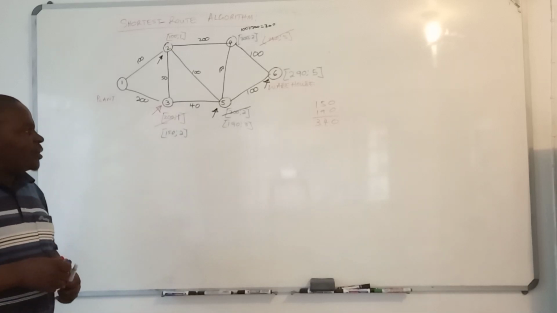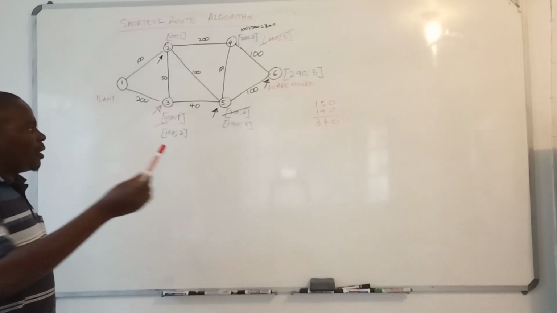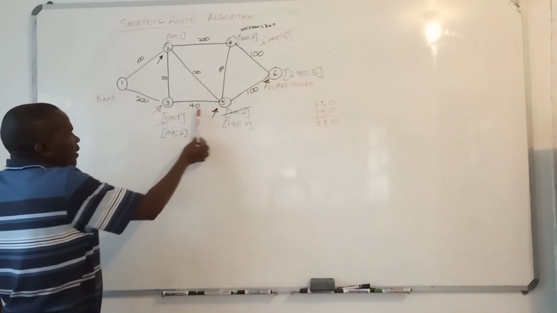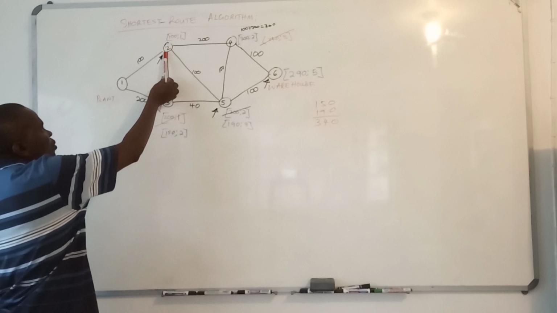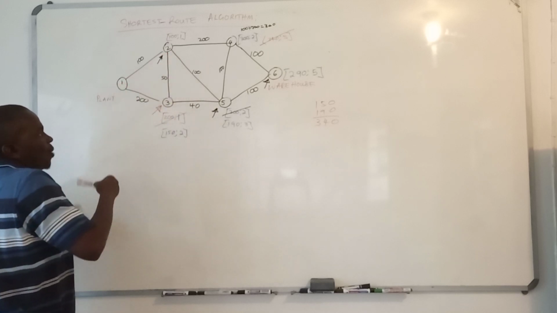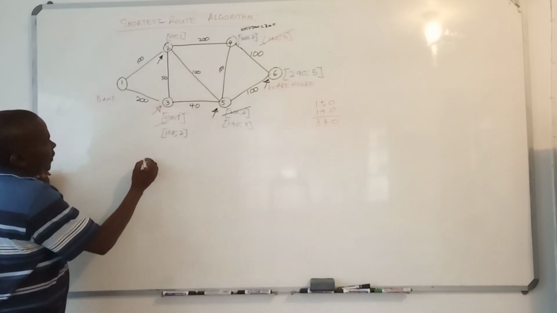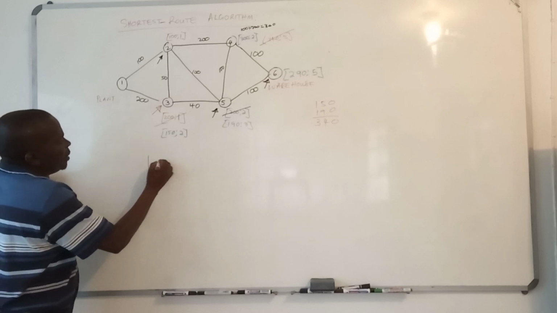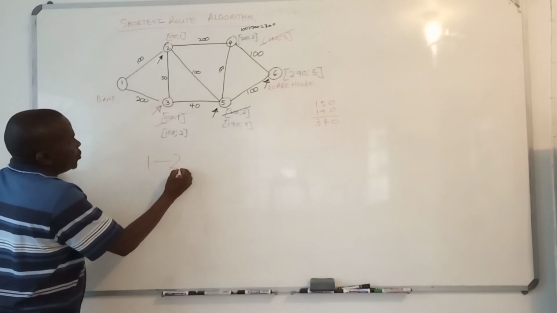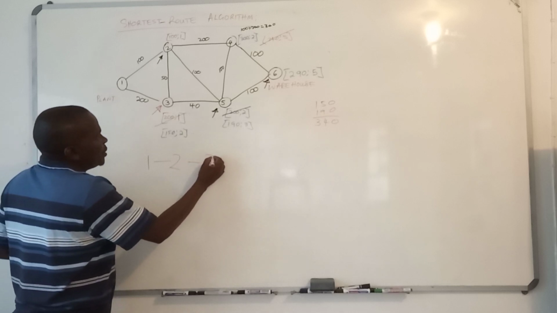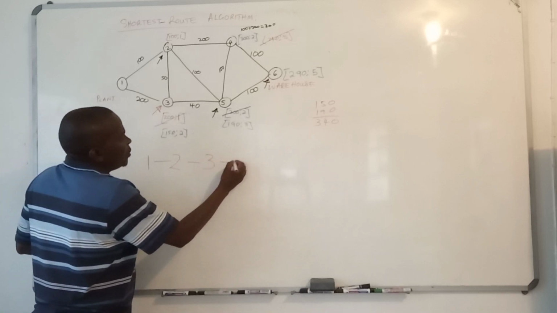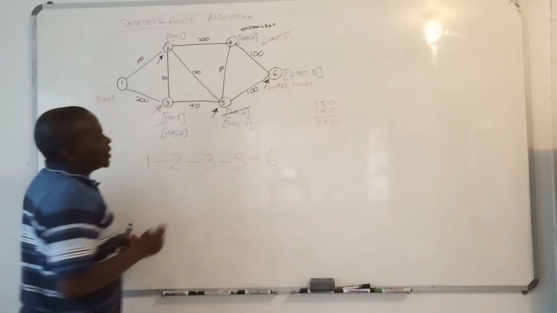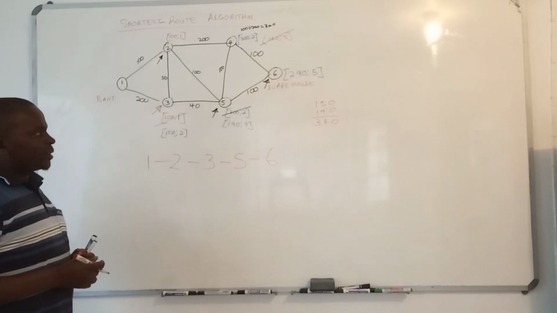Now if we consider the positions of arrows backwards, we're in node 6, we came from node 5, then from node 3, node 2, and then node 1. So this will give us this route here. From node 1, we go to node 2, we go to node 3, node 5, and finally we reach our destination, which is node 6.